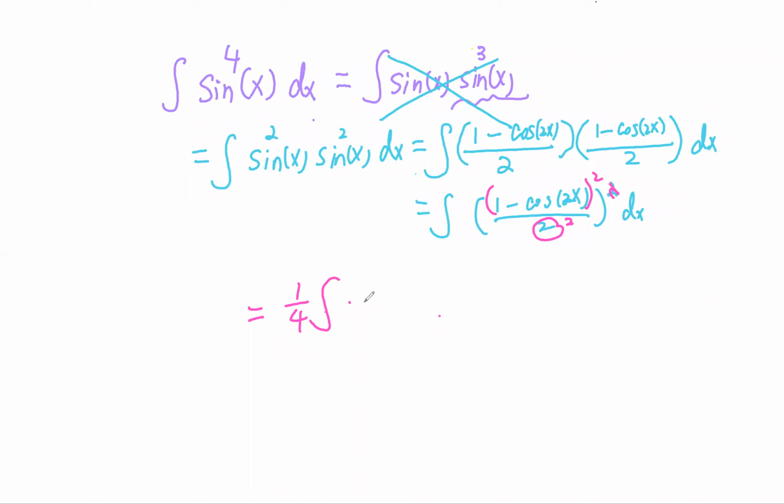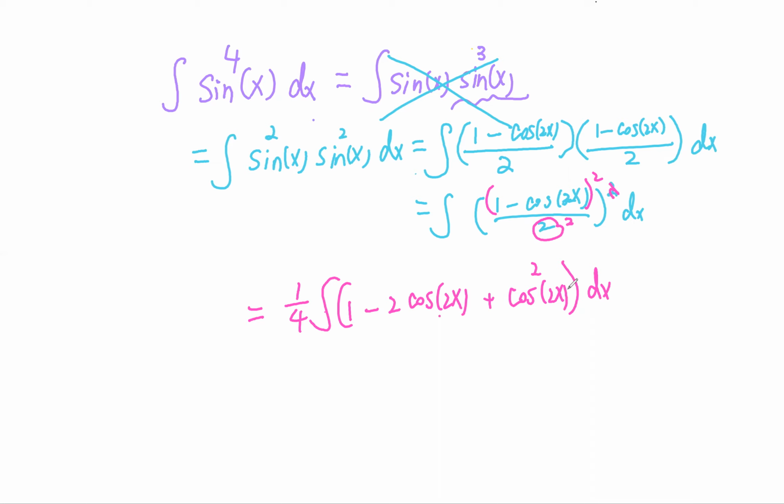So that's going to be 1 minus 2 cosine 2x plus cosine 2x squared. I didn't do anything. What I did was just open the parentheses, right? Use the a minus b squared, that's going to be a squared minus 2ab plus b squared. Or you just FOIL it and solve this. We get the same answer.